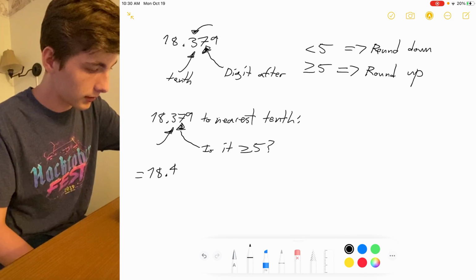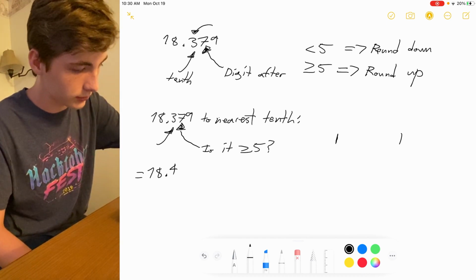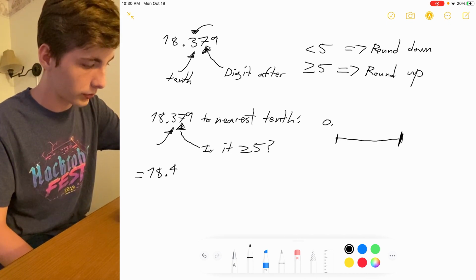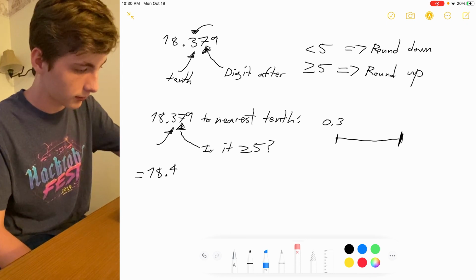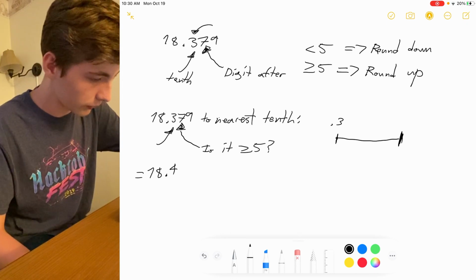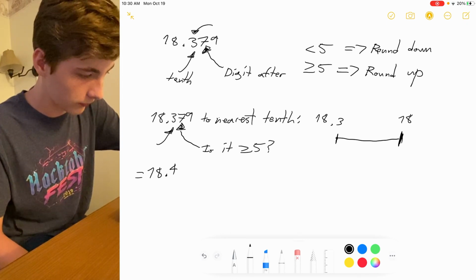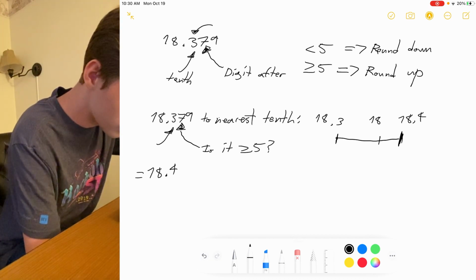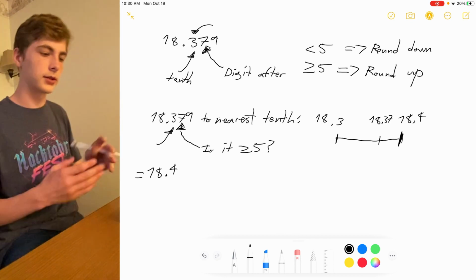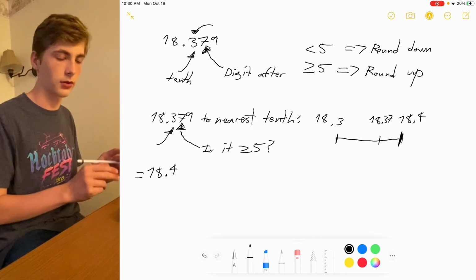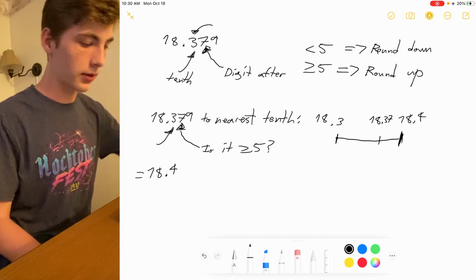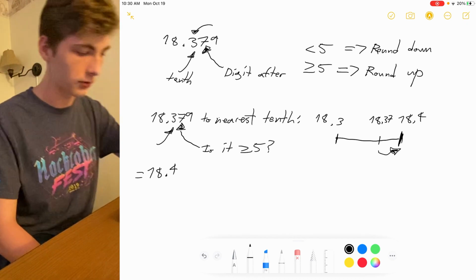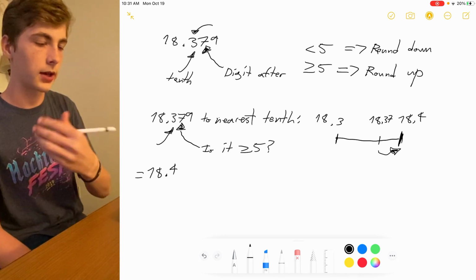If we look at a number line, let's say this is 18.3 and this is 18.4, then 18.37 is way over here. So if we're going to round to the closest tenth, we're actually closer to that than we are to the other one. So that's why we're rounding to 18.4.